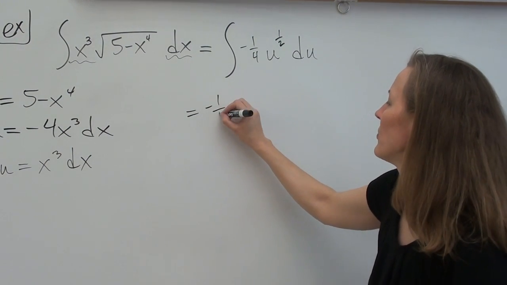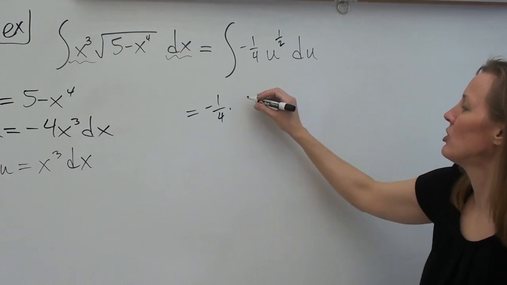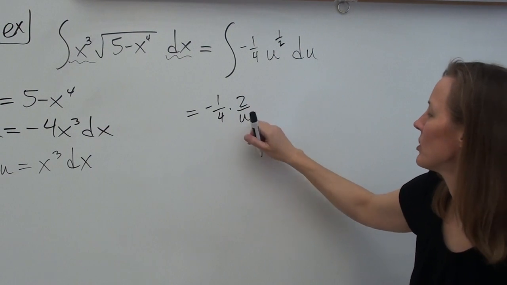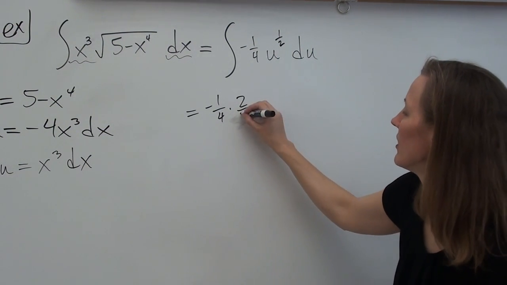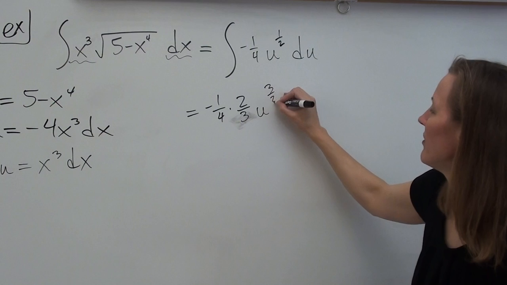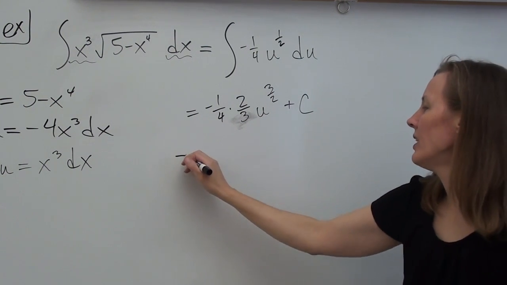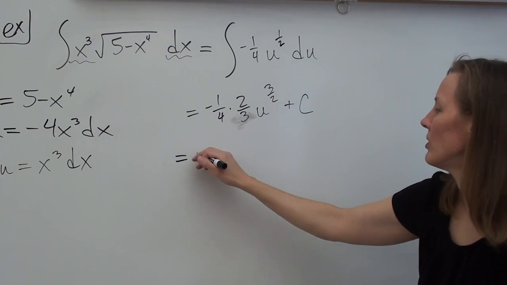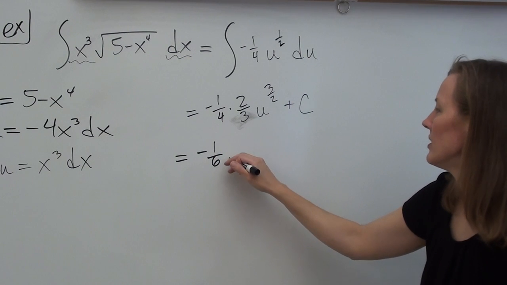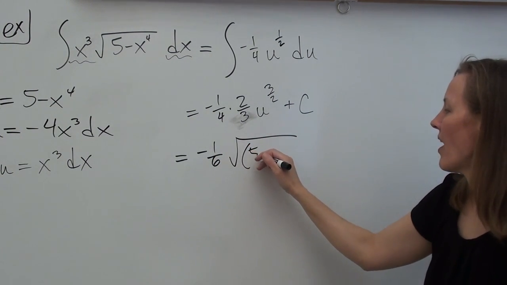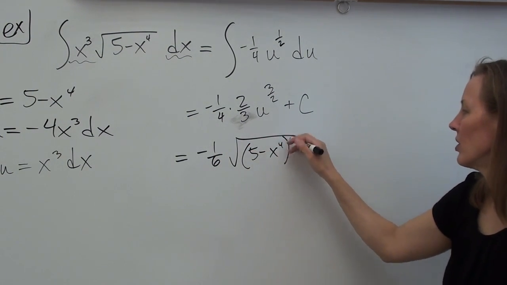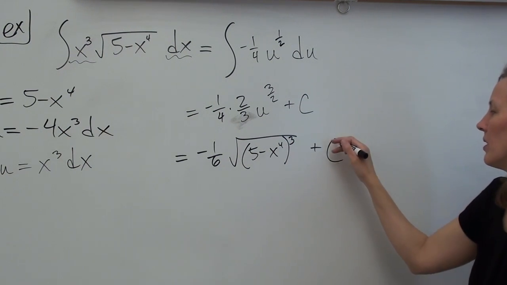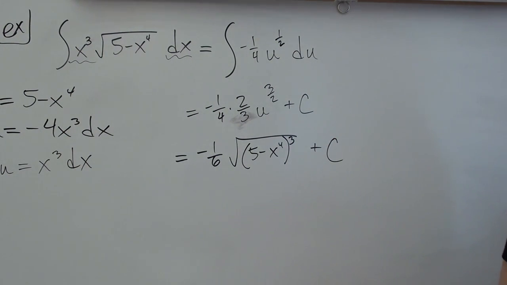So we have negative 1/4 times 2/3 u to the 3/2 plus c, and you end up with the 2 and the 4, so negative 1/6 times the square root of 5 minus x to the 4th, cubed, plus c. And if you left it in exponential notation instead of radical form, that's probably just fine.